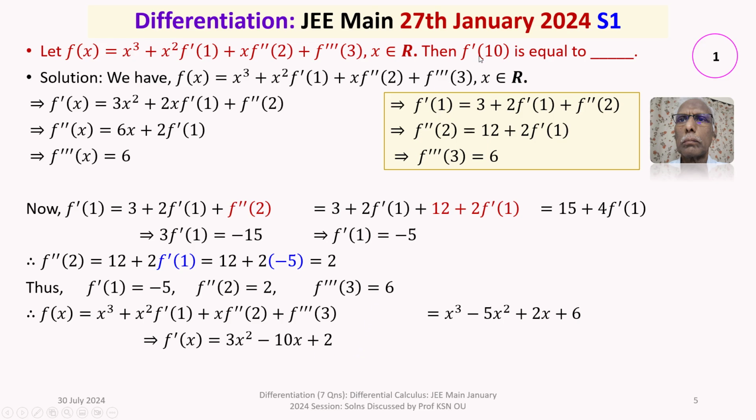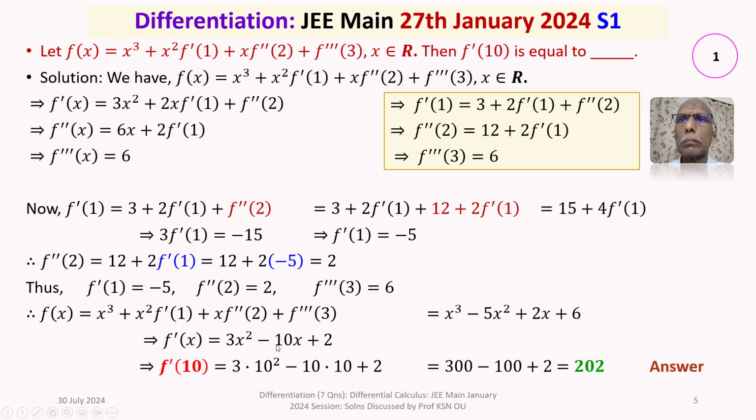Now we want f prime 10, substitute x is equal to 10 in this. f prime 10 is equal to 3 into 10 square minus 10 into 10 plus 2. Simplify, you will get 202. So the answer to this question is f prime 10 is equal to 202.